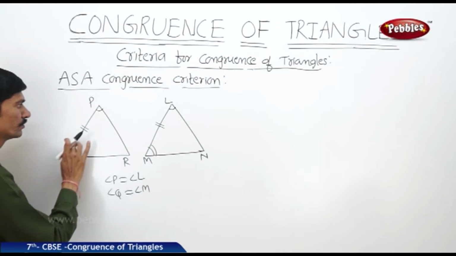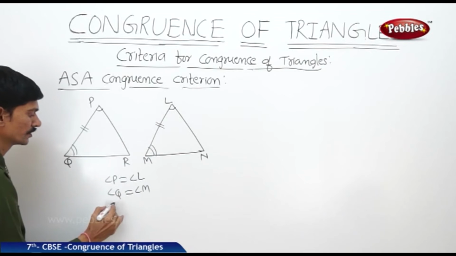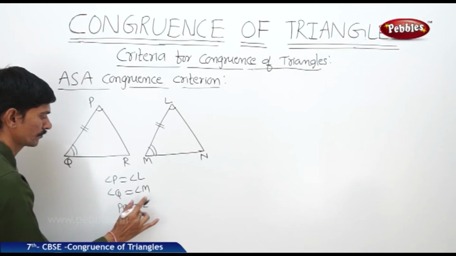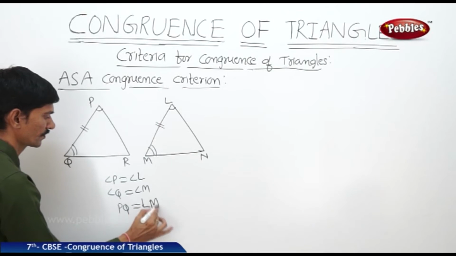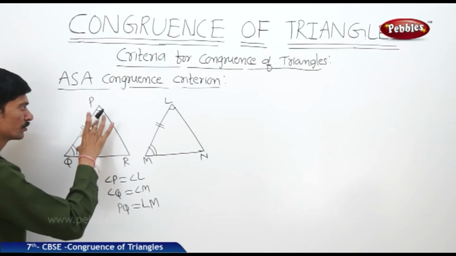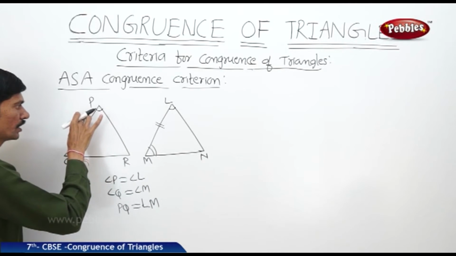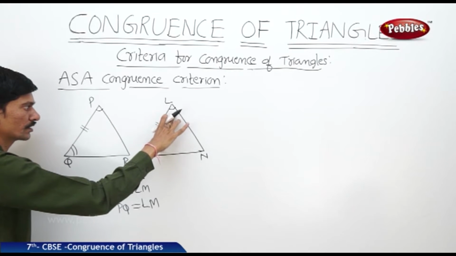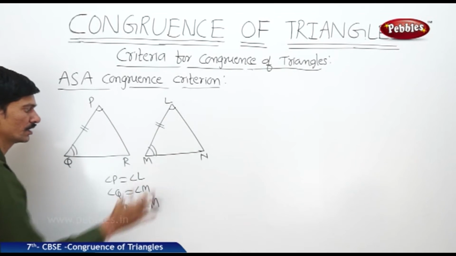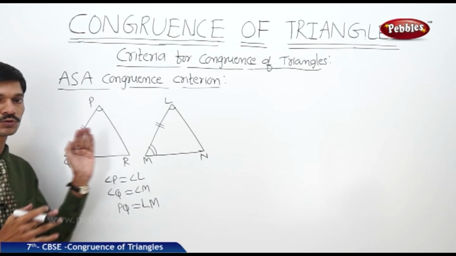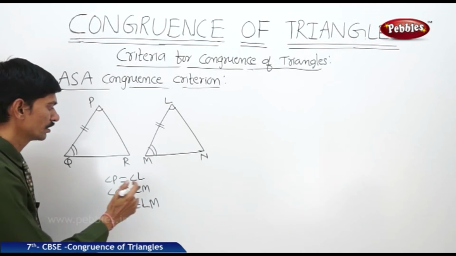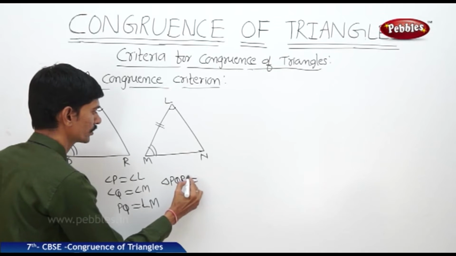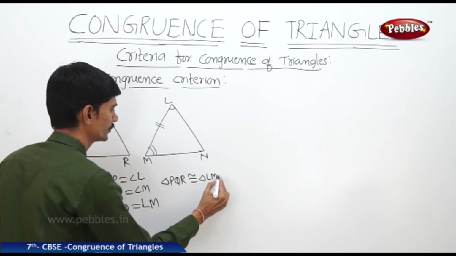That is PQ equals LM. So here the two angles and included side of one triangle are equal to the corresponding two angles and the included side of the second triangle. So we can say that the two triangles are congruent. Now here triangle PQR is congruent to triangle LMN.